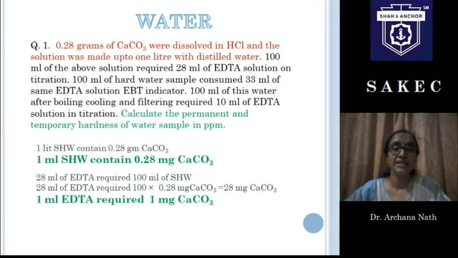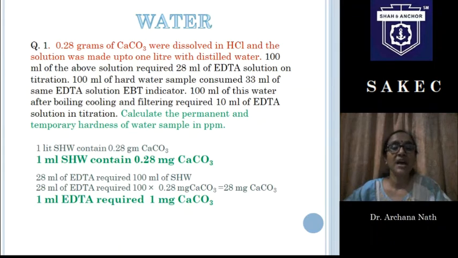So here is an example for you to understand. Let us read it. It has been given that 0.28 grams of calcium carbonate were dissolved in HCl and the solution was made up to 1 liter with distilled water. 100 ml of this solution required 28 ml of EDTA solution on titration. 100 ml of hard water sample consumed 33 ml of the same EDTA solution with EBT indicator. 100 ml of this water after boiling, cooling and filtering required 10 ml of EDTA solution in titration.